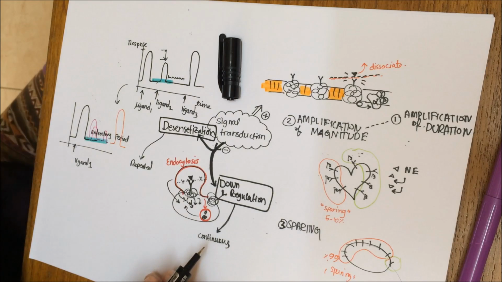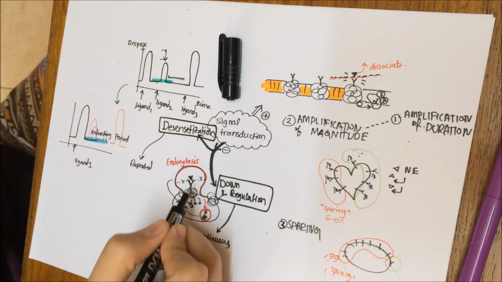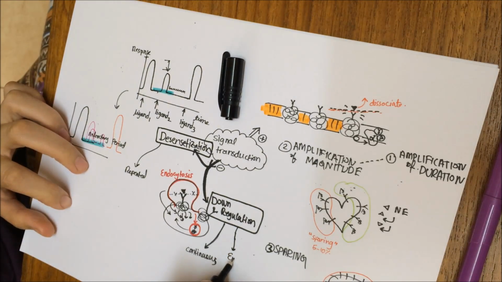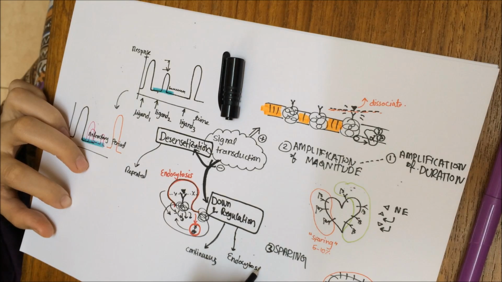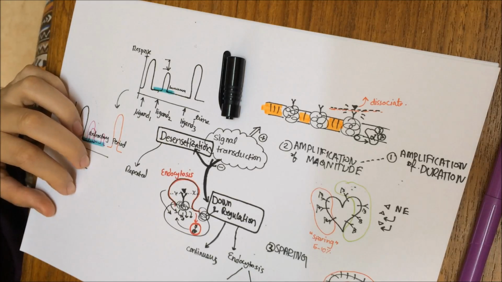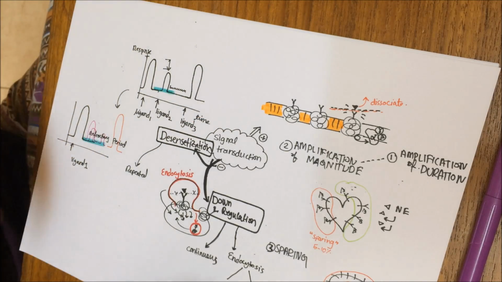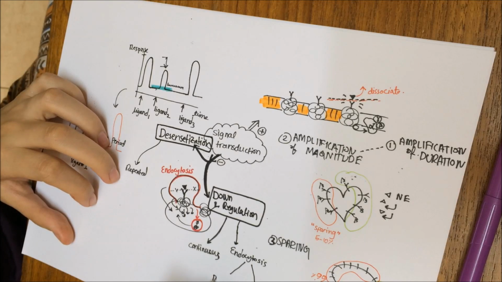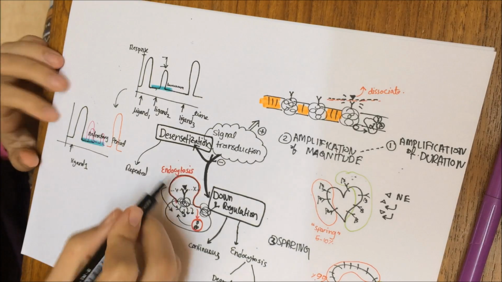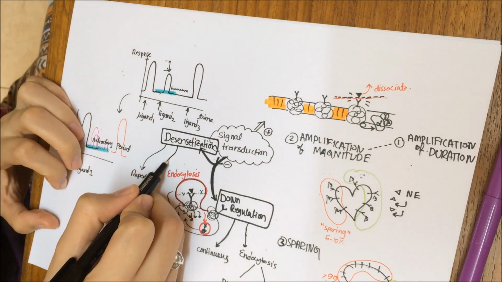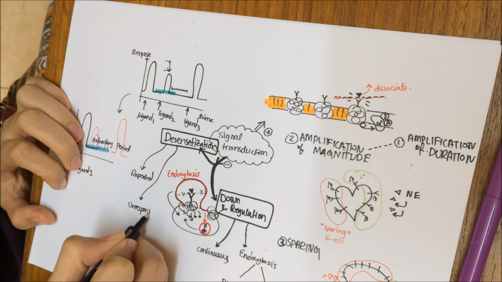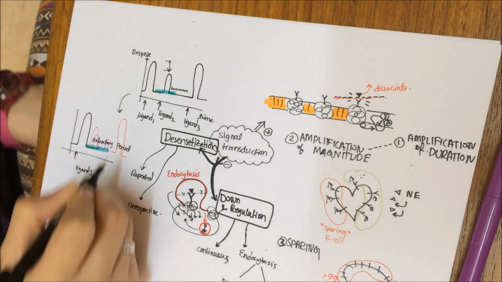Down regulation makes the cell endocytose the receptor, and after endocytosis it will either recycle it, so it will be used again later on and put on the cell surface, or degrade it. While the desensitization will make the cell unresponsive during this period of time.